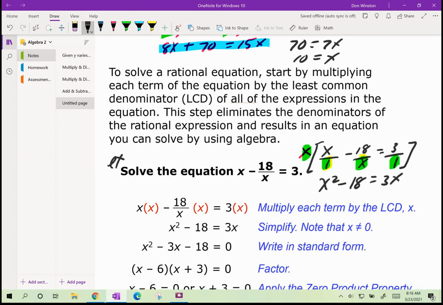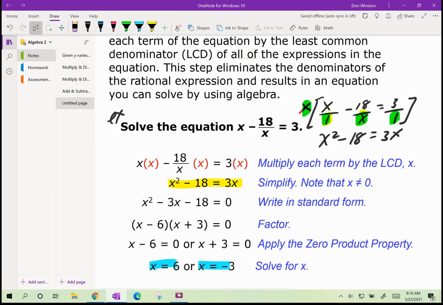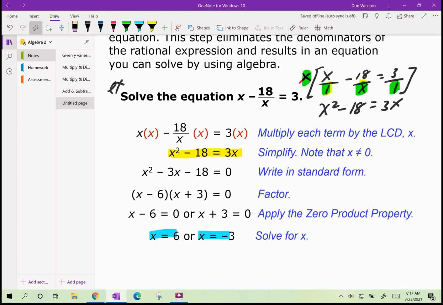Which is what we got here: x squared minus 18 equals 3x. Now if I subtract 3x, I'll have a quadratic, which I have to factor. x squared minus 3x minus 18 factors as x minus 6 times x plus 3. Find the zeros, and you get x is equal to 6 or negative 3.